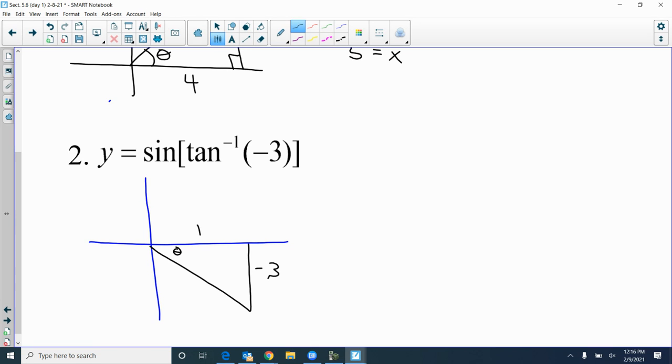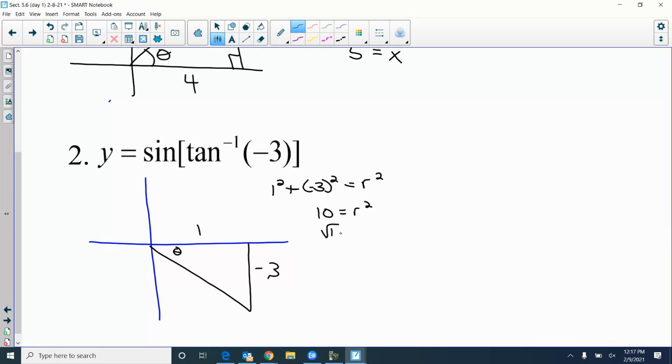Sine's got to be opposite over hypotenuse, so I need to know the hypotenuse. 1 squared plus negative 3 squared equals r squared. 10 equals r squared.